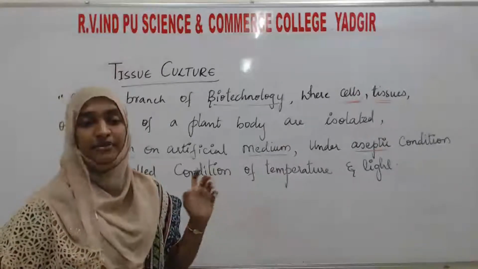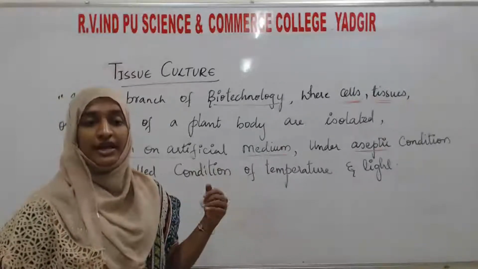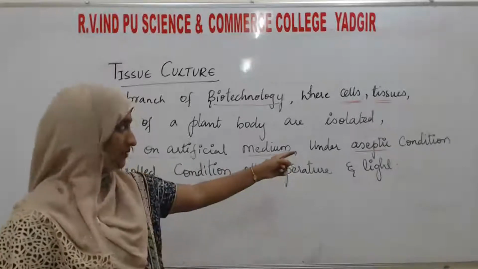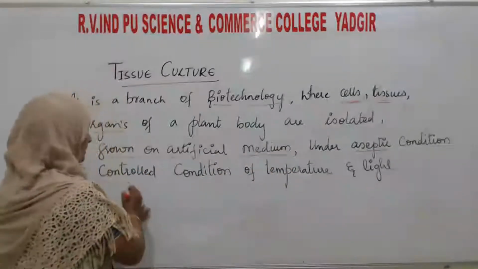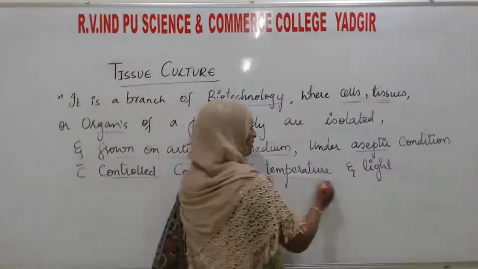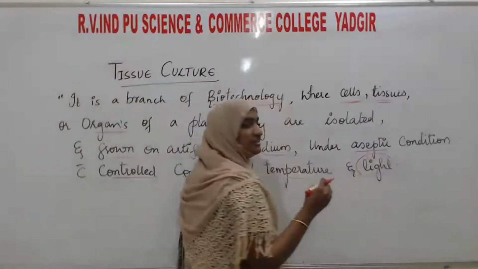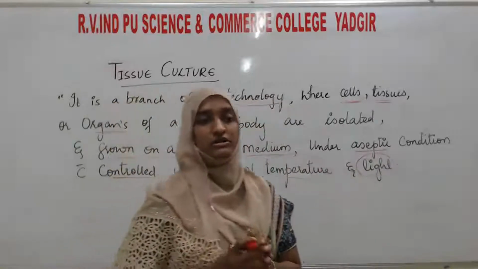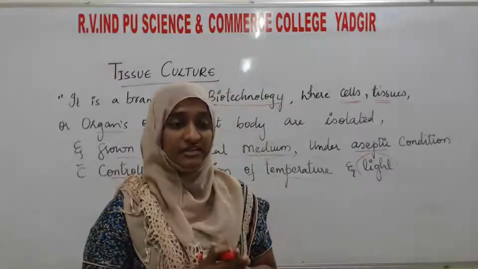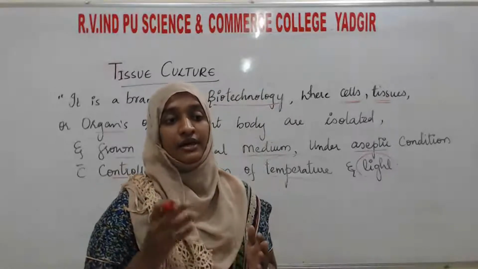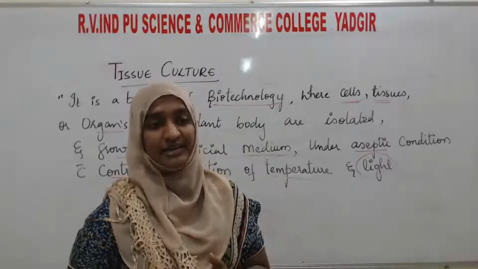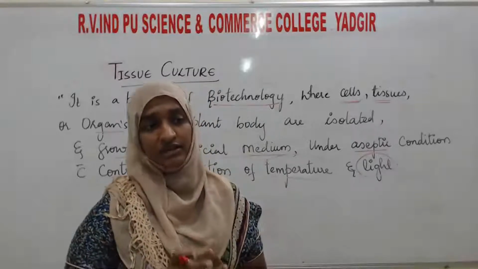Sterile means the absence of microbes or any other microbes which are not required for the growth of the plant. Under aseptic and controlled conditions, the temperature and light are maintained. How much temperature is required, how much light intensity is required, all of this is under the control of the scientists who perform the tissue culture.